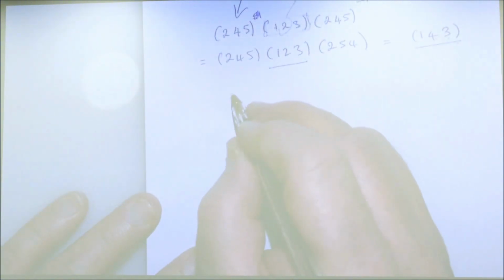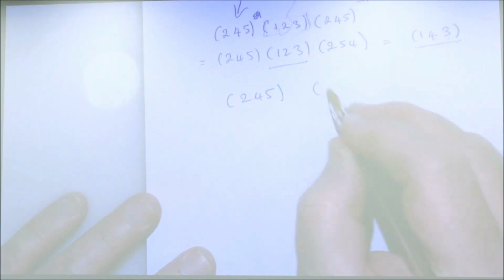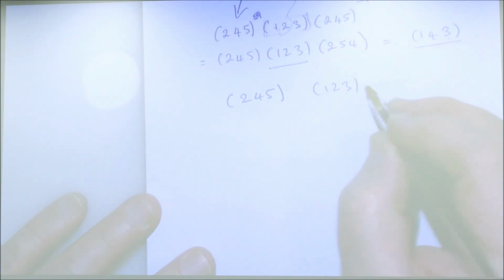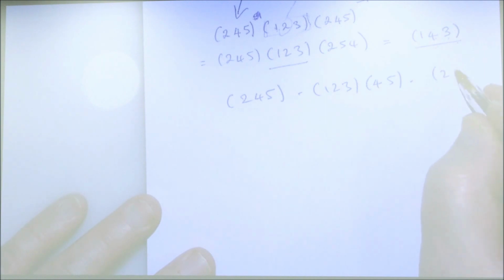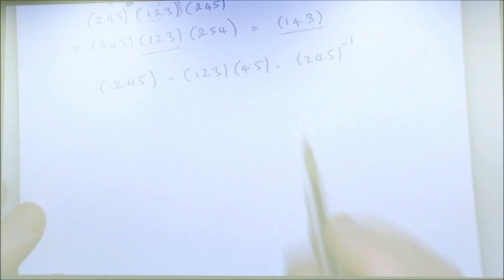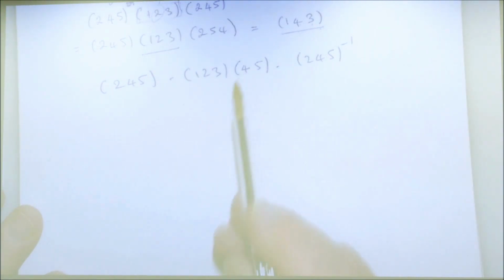So, for example, if I conjugate (2 4 5) and now do (1 2 3)(4 5). Okay, so it's slightly more complicated. I've got this extra bit in here.